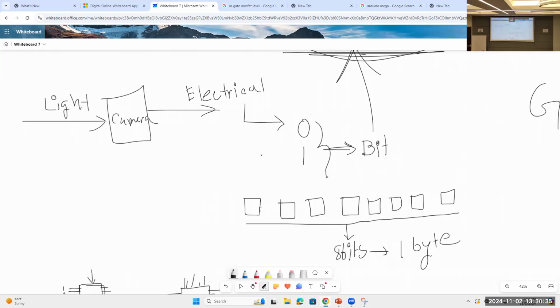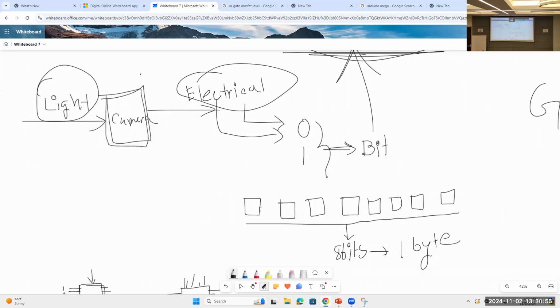These are electrical signals, so bits and bytes are electrical signals actually. That's how signals are saved. The camera takes the light signal and converts it to electrical signals, bits or bytes. It saves in a memory, or it can show in the display.